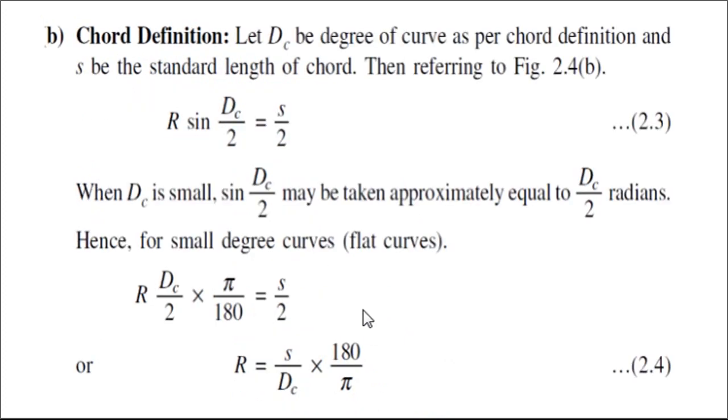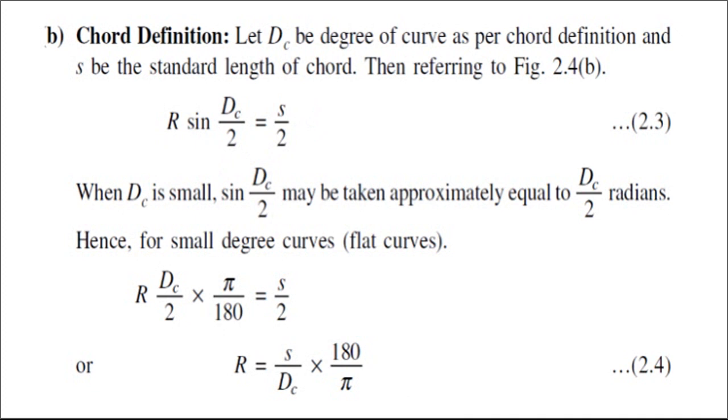By the chord definition, let DC be the degree of the curve as per the chord definition and S be the standard length of the chord. By referring to figure B, we can write R sin DC by 2 is equal to S by 2.